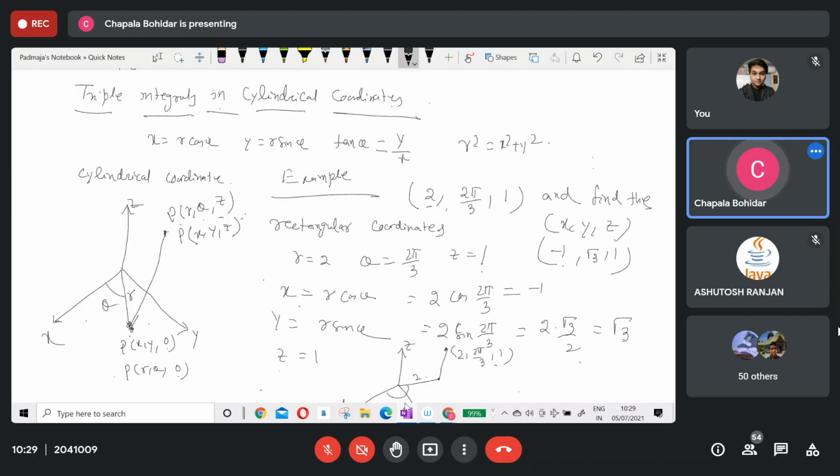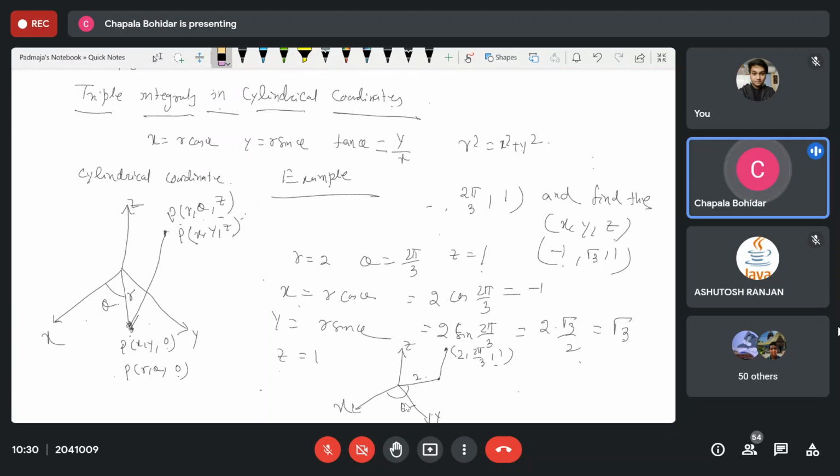It is clear? Yes. Now, rectangular coordinate is given. Find out the cylindrical coordinate. Rectangular coordinate given, find out the cylindrical coordinate.